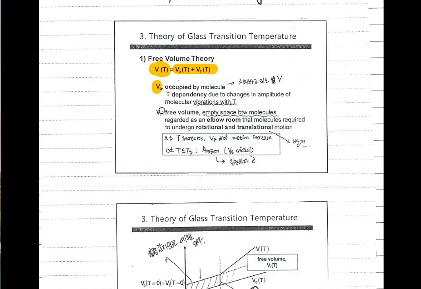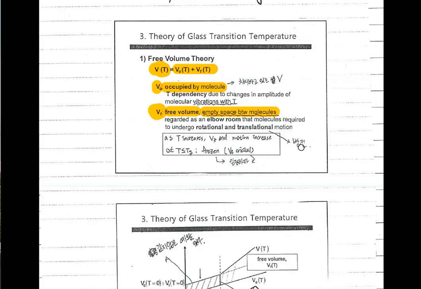V0 is the volume occupied by the polymer chains. On the other hand, this Vf, denoted as free volume, is just empty space between polymeric chains.